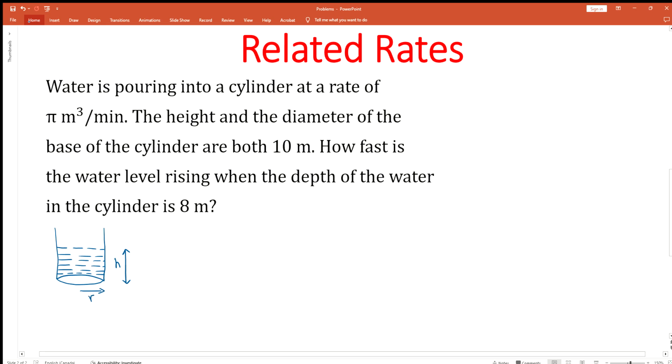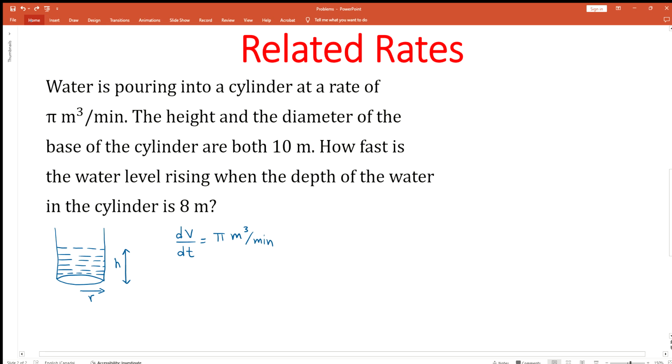As per the problem, water is being poured in the cylinder at a rate of pi meter cube per minute. That means dV over dt is equal to pi meter cube per minute. The volume of water in this cylinder is changing at a rate of pi meter cube per minute.